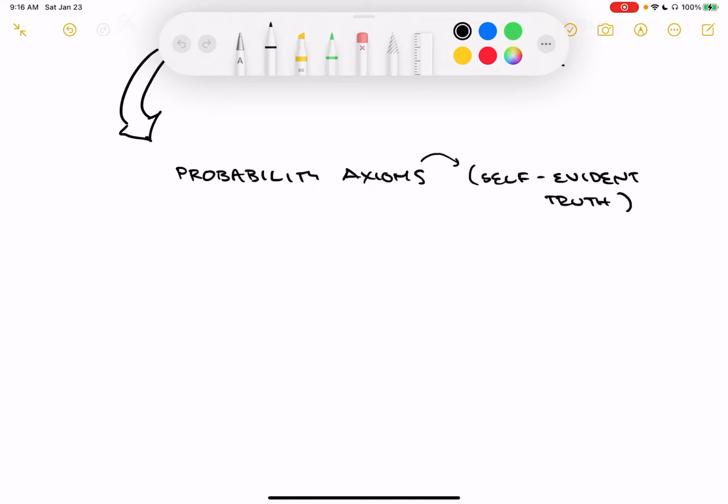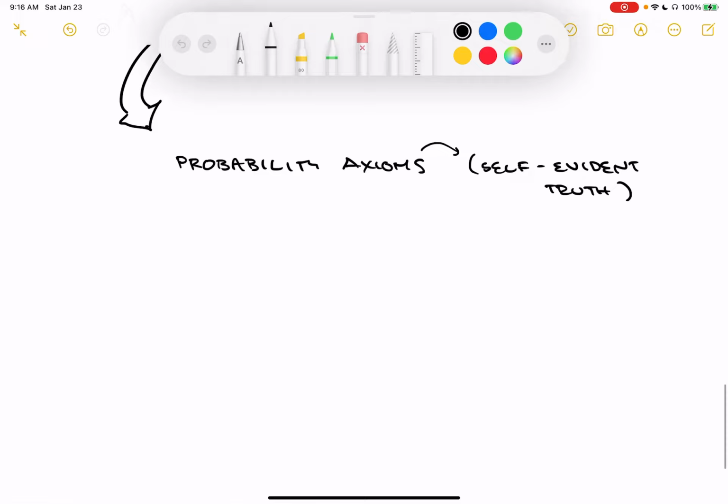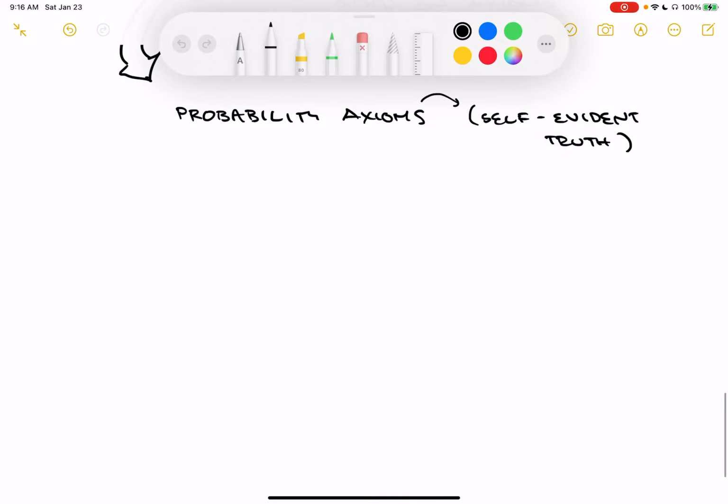With 3 axioms, with 3 self-evident truths, we can build incredibly sophisticated and incredibly powerful mathematical models for describing likelihood or probability. That will be part of my goal in moving us forward in the class, but it starts out with just a couple of axioms, 3 self-evident truths, okay? So let's go ahead and see what we can do on these.